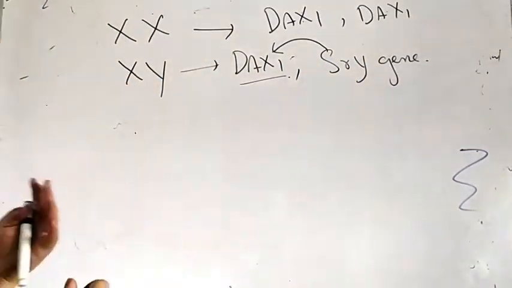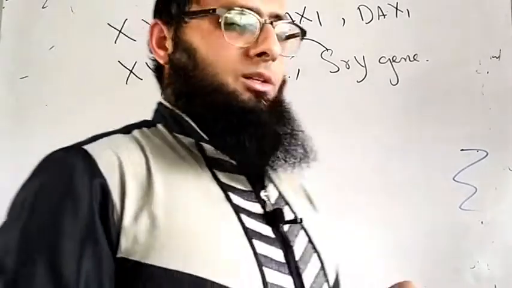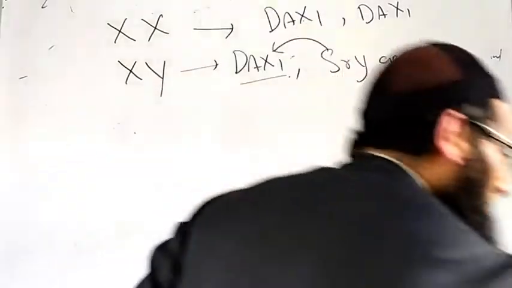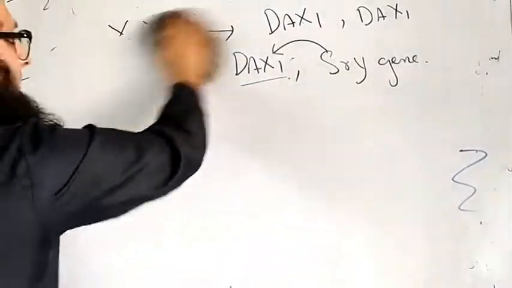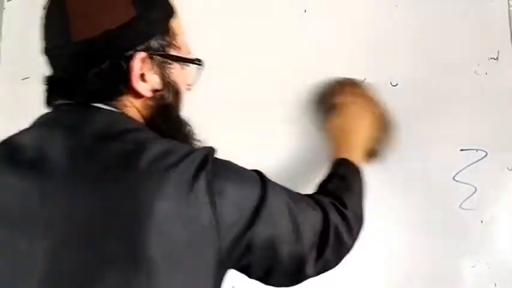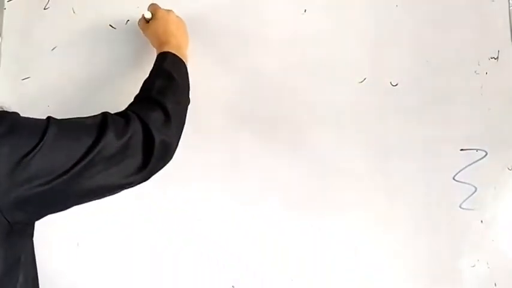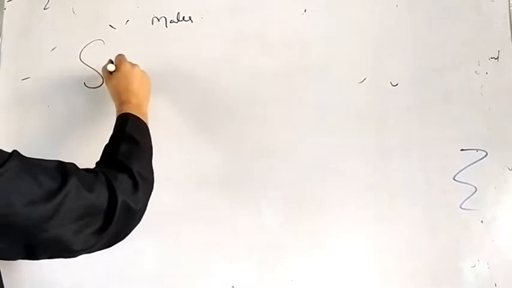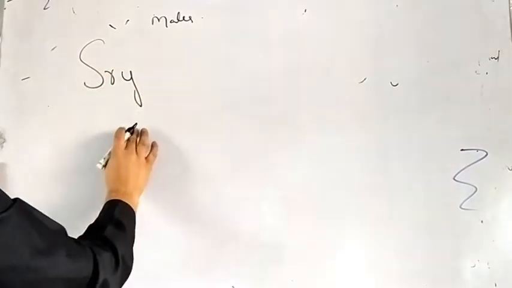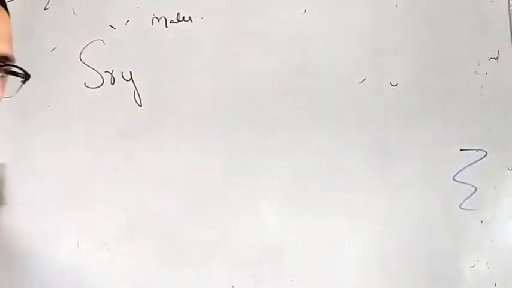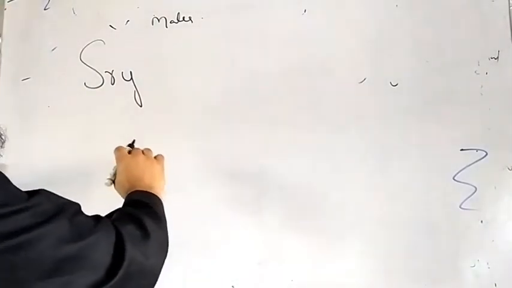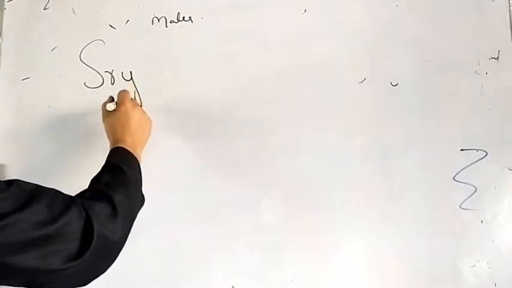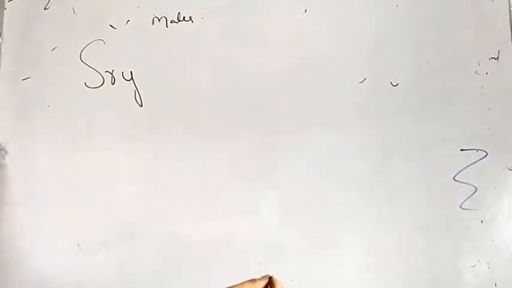This is not the whole story, this is one side of the story. There are some autosomes as well which supplement the role in sex determination. In case of males, the SRY gene, sex determining region Y gene, is present on the short arm of the Y chromosome.